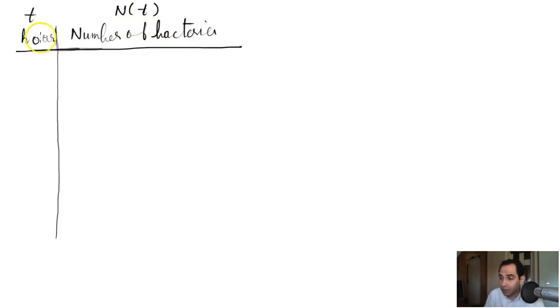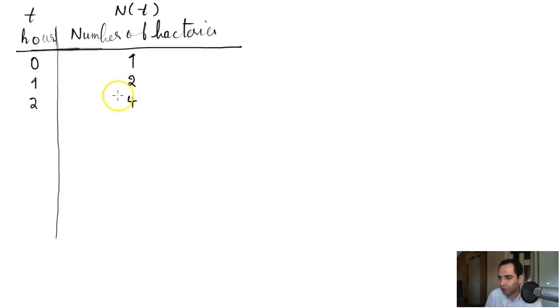So in this example, it says when t is equal to 0, at hour 0, you could say that's where the experiment has begun. So the number of bacteria is 1. When t is equal to 1, the number of bacteria is equal to 2. When t is equal to 2, the number of bacteria is 4.